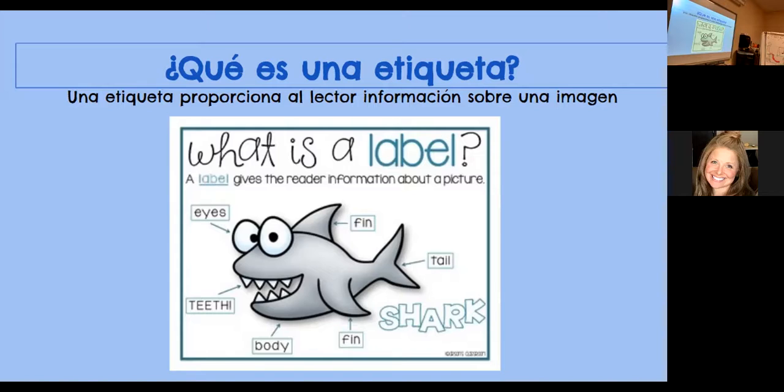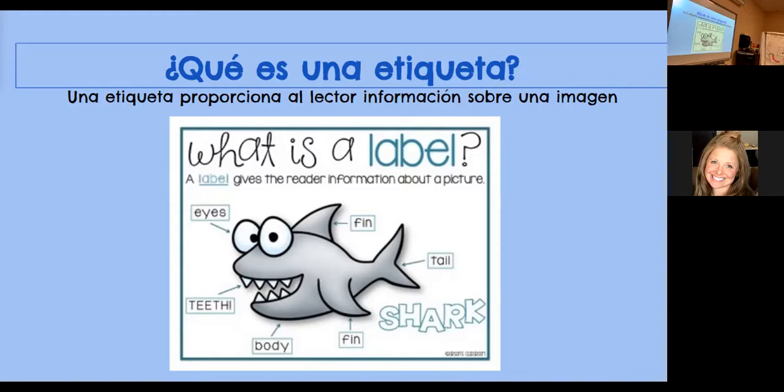In this picture, we see a shark, and we see labels pointing to the eyes, the fin, the tail, the body. Oh, look at the teeth. Those look monstrous. Monstrous. So that's what we're going to do today, is we are going to write labels.